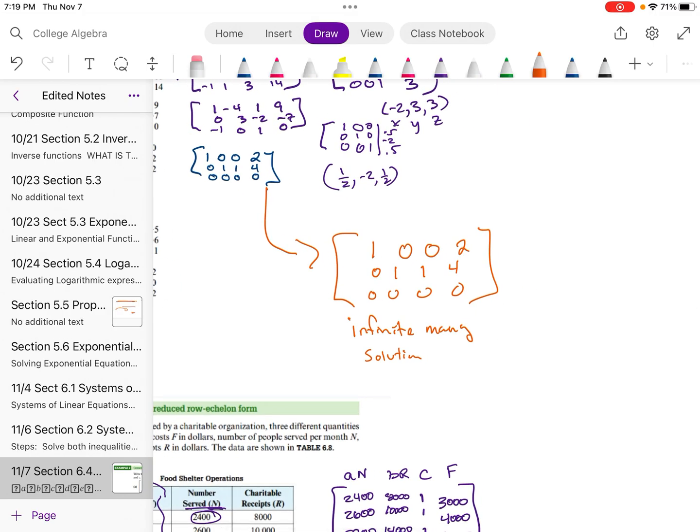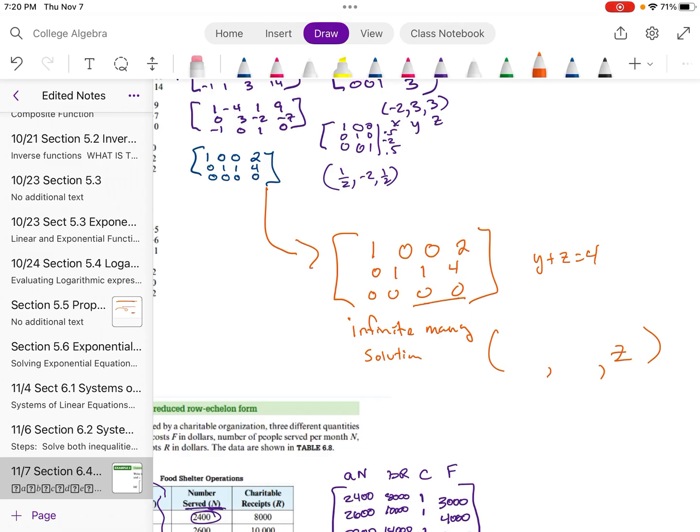Well, we start with the bottom line, and that tells us, since 0 is equal to 0, that in our ordered pair, z is the main variable, and that variable needs to be in each of the other parts. So as I go to the equation above it, we get y plus z equals 4.